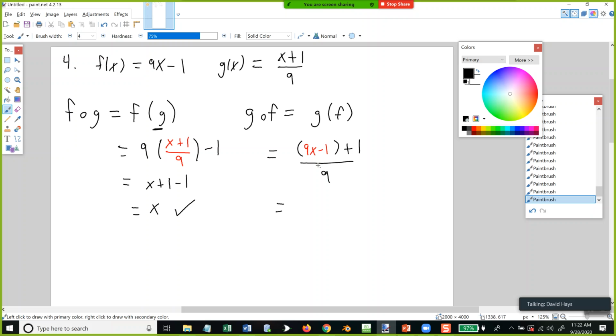And then you try to simplify that to see if it gives you x. And notice negative 1 plus 1 cancels, so I got 9x over 9. The 9's cancel, and I'm left with x. Now, since both of them give you x, the answer is yes, they are inverses of each other.